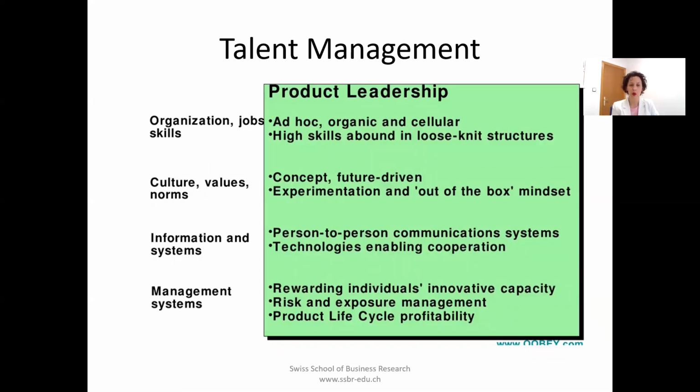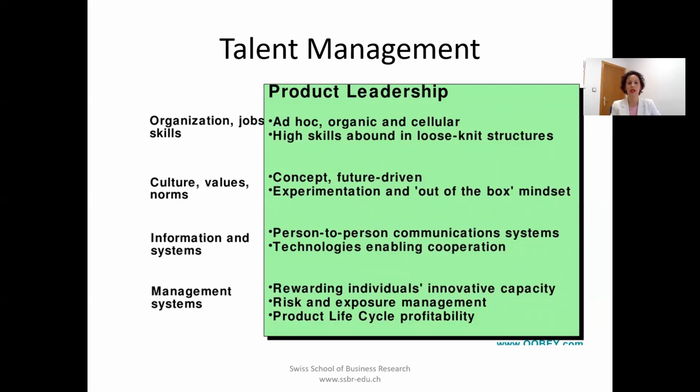With product leadership organizations like Apple, like Tesla, like other kinds of companies that are very innovative, well, we can see that it's much less structured and hierarchical and based on rules and procedures and guidelines.